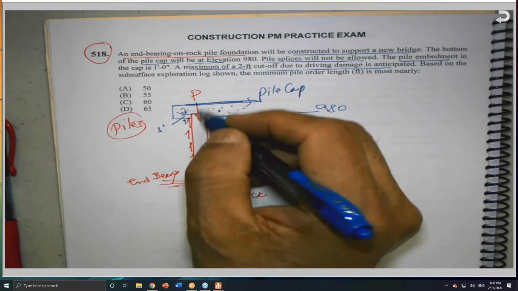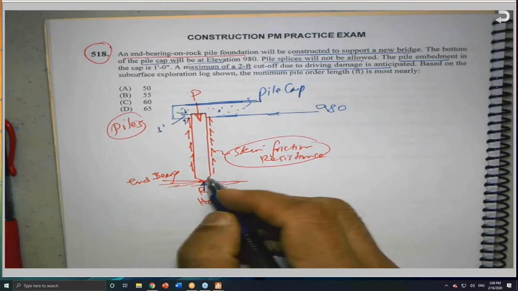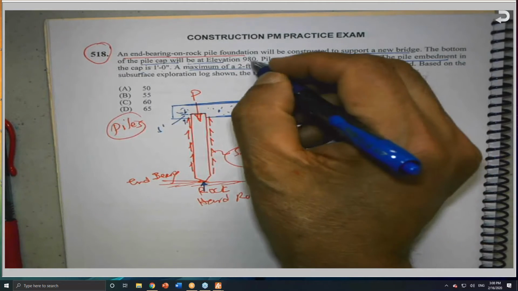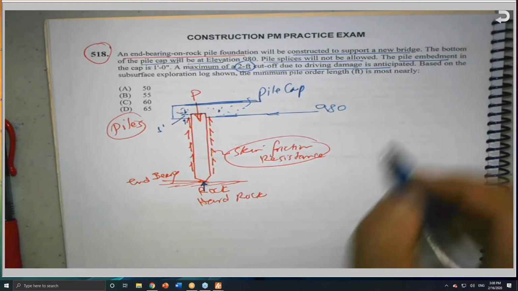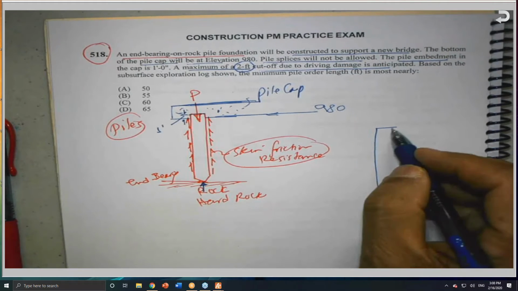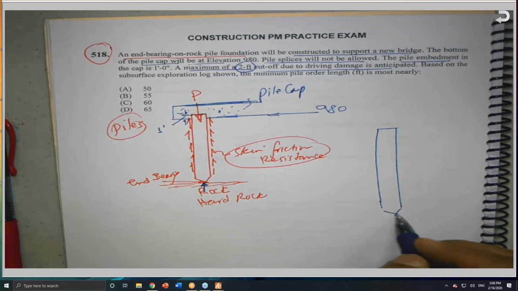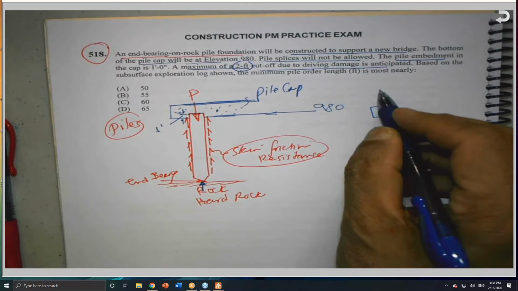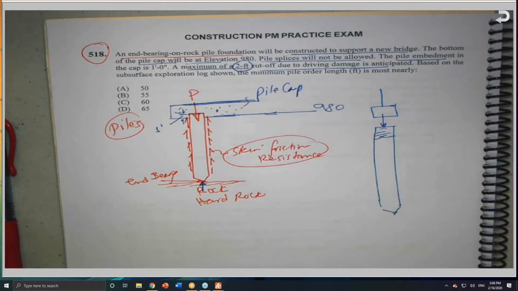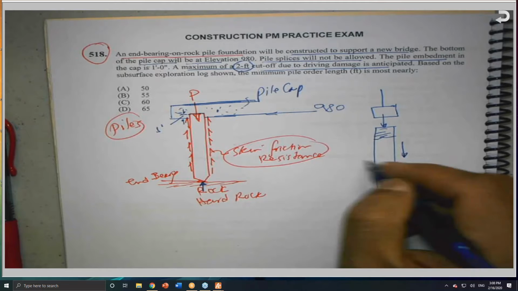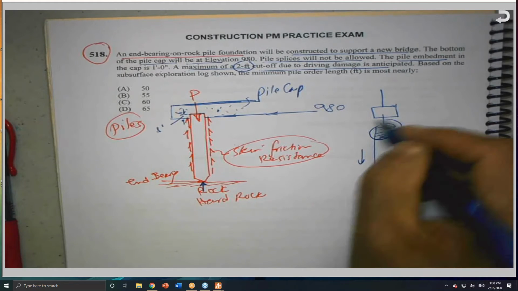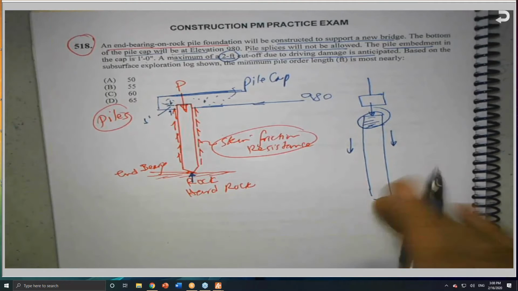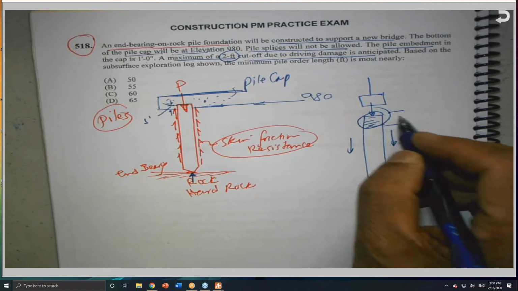Because of the hammer that pushes the pile into the ground, dropped from a certain height, we expect some damage to the pile itself, and they are expecting 2 feet.